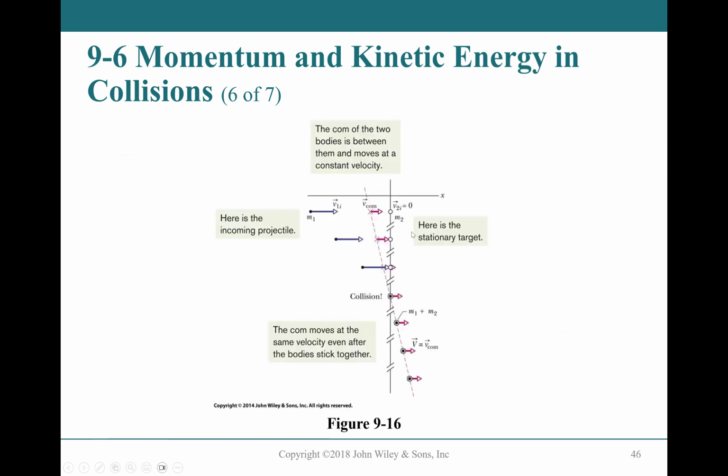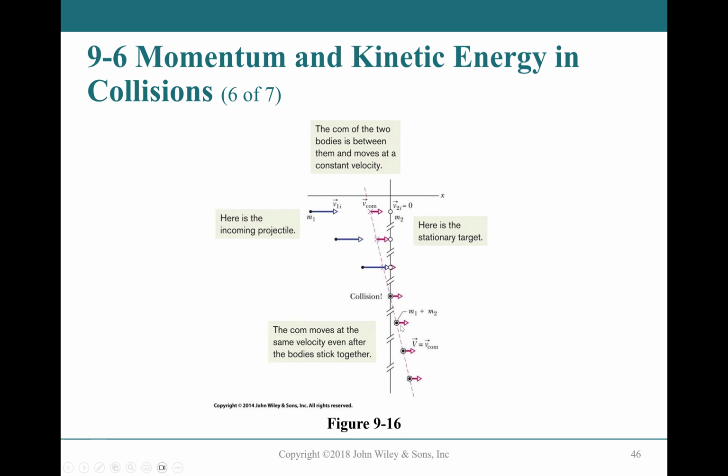So you can see we have M1, M2. The center of mass is here, and M1 hits M2, so M2 is at rest, M1 hits M2, and the collision happens. The center of mass is moving with M1. You can see the center of mass moving along here.